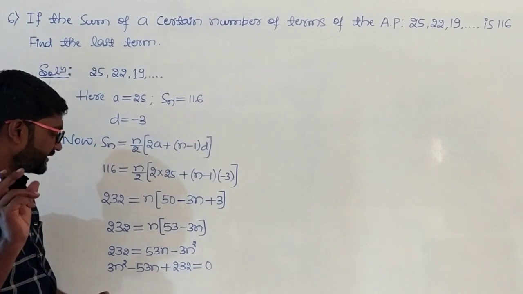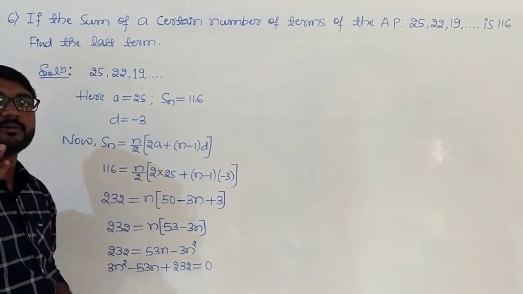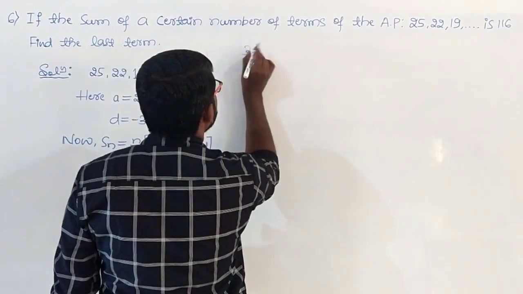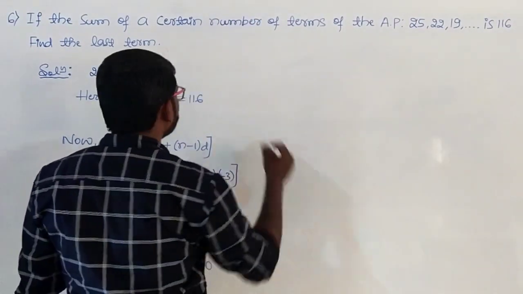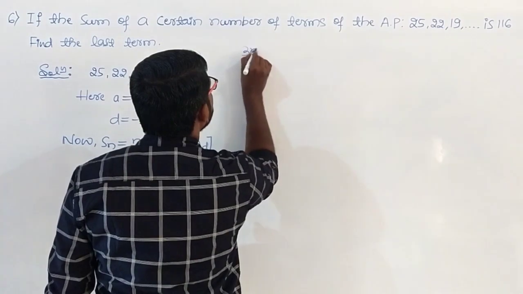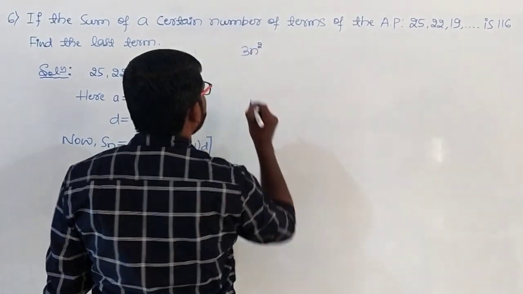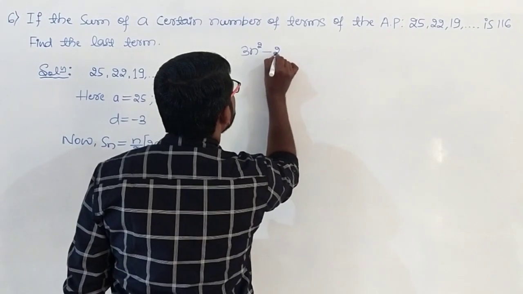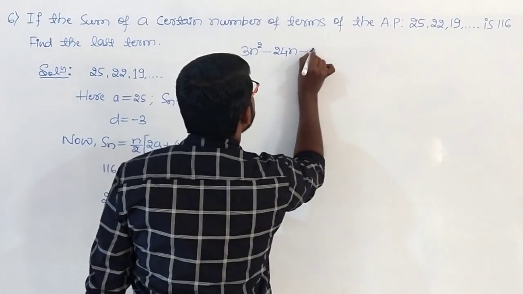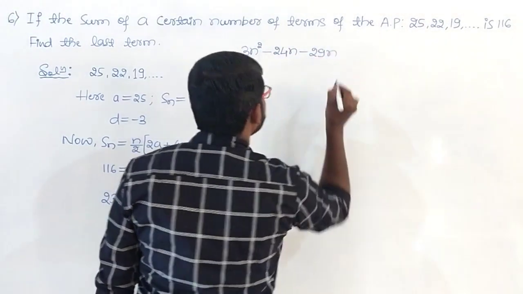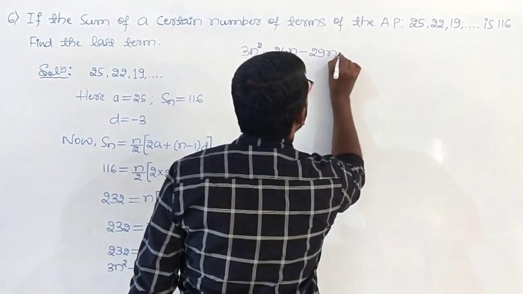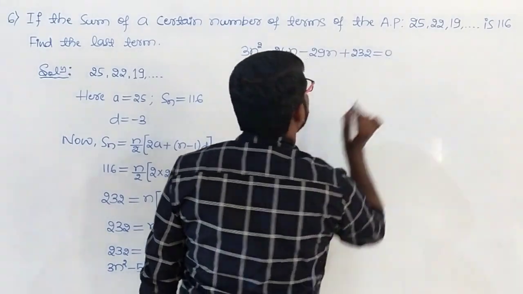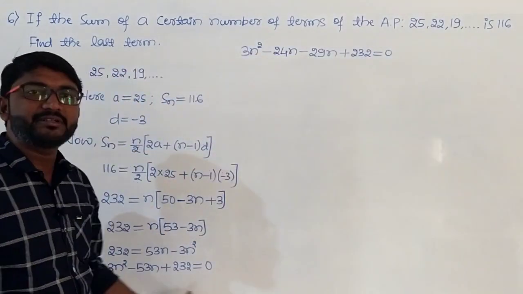So I will take minus 24n and minus 29n. 3n square, then minus 24n minus 29n plus 232, which is equals to 0, or else you can solve this by formula method as well.